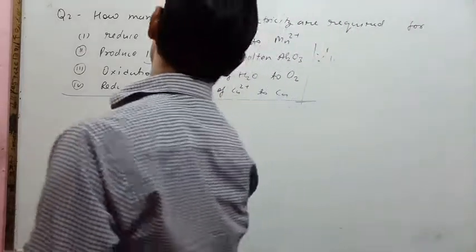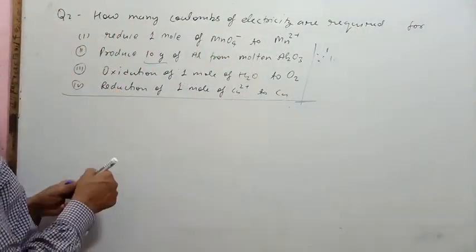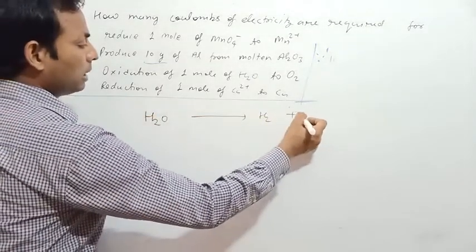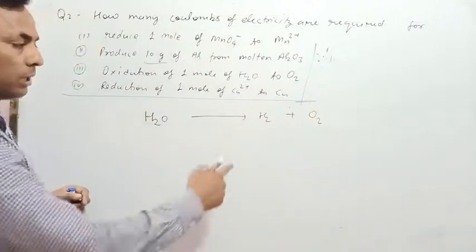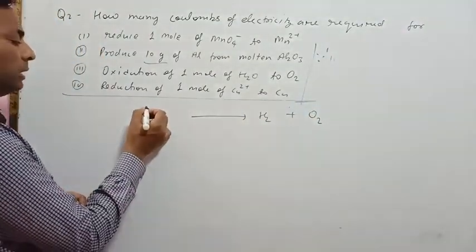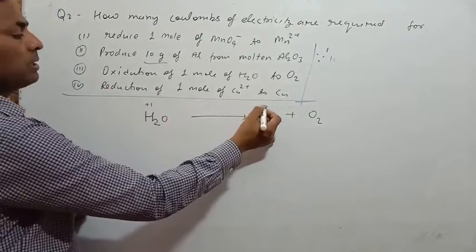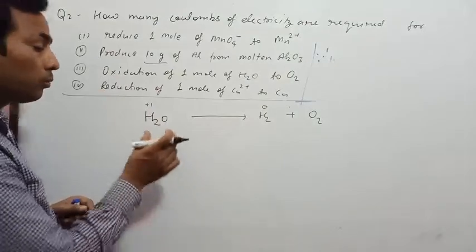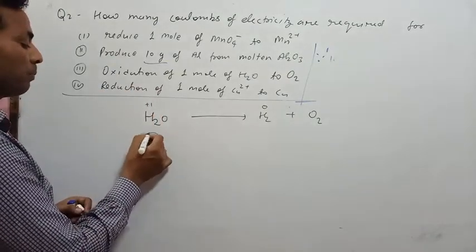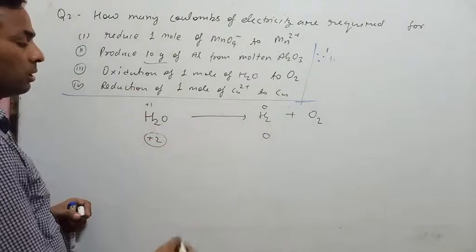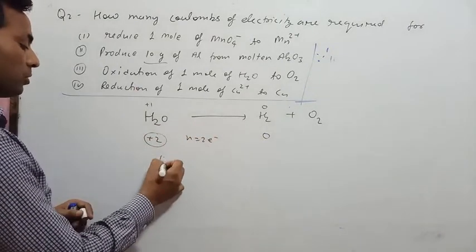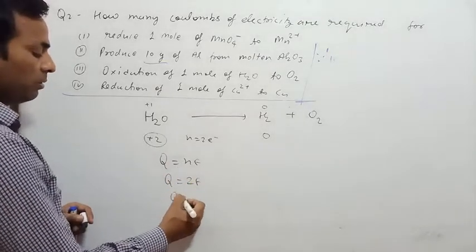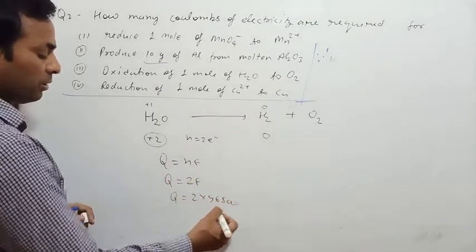Now this is the third question: oxidation of 1 mole of water to oxygen. It is very simple. Water is oxidized and gives hydrogen and oxygen gas. You know, H has a +1 charge, but here it is 0. There are 2 H plus in 1 mole of water, so the number of plus charges is 2 and here it is 0. So n equals 2 electrons. So Q equals nF, or Q equals 2F, or Q equals 2 into 96,500 coulomb.